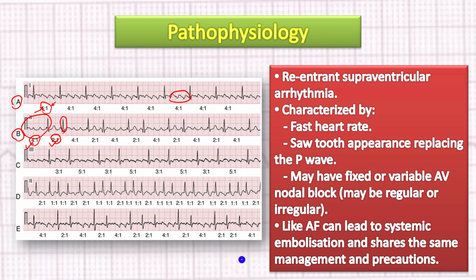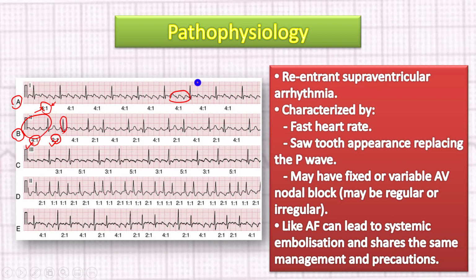Okay, so the difference between atrial flutter and atrial fibrillation actually is the mechanism of arrhythmia, or the pathophysiology of the arrhythmia. Atrial fibrillation evolves from different ectopic foci in the atrium, but atrial flutter arises from a single re-entrant focus, causing this sort of re-entrant supraventricular arrhythmia.